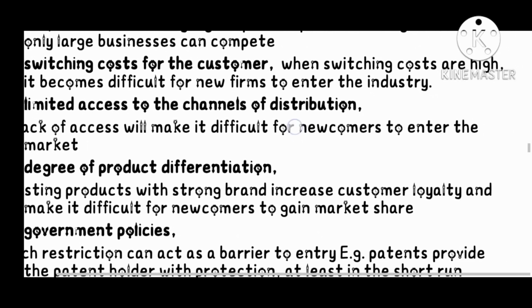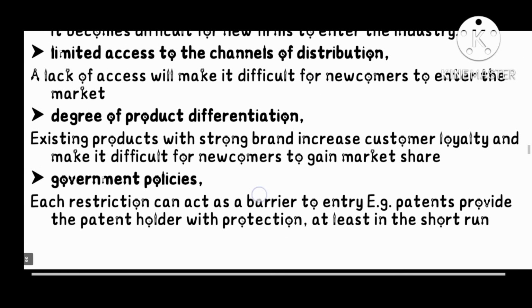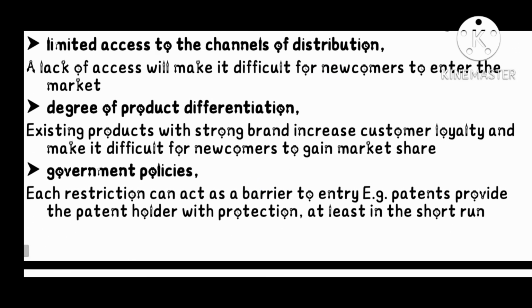Switching costs, I've talked about that. Limited access to the channels of distribution, just like it states. If you cannot access your suppliers, how are you going to be able to survive in the market? So if there is limited access to the channels of distribution, you are going to want to restrain this whole. Yeah. Then degree of product differentiation.